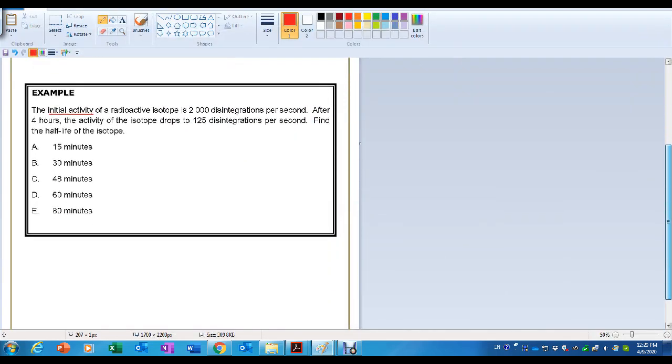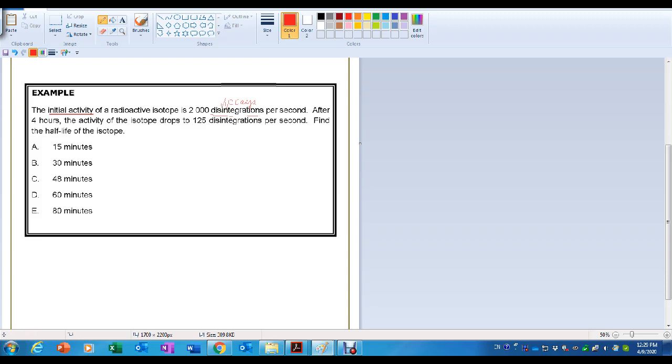All right. The initial activity is 2,000 disintegrations per second. So this word disintegration just means decay. So that means number of decays per second. After 4 hours, the activity drops to 125 disintegrations per second.